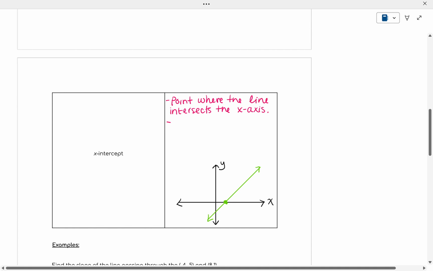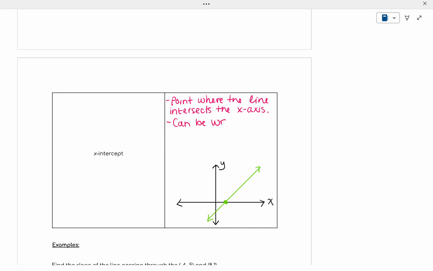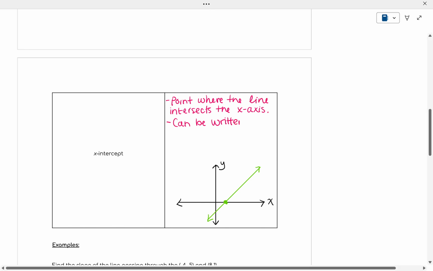And we can also write this as an ordered pair as well. Remember that for points that lie on the x-axis, the ordered pair always takes the form the x-coordinate and then 0. So it can always be written as (x, 0).